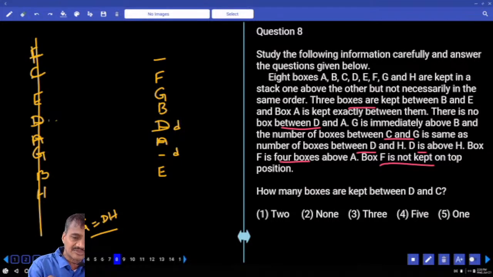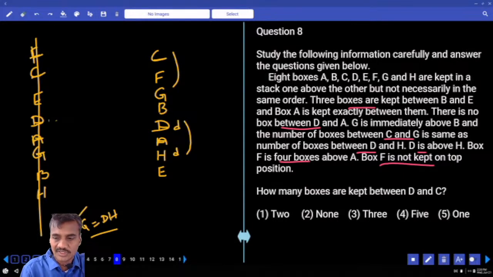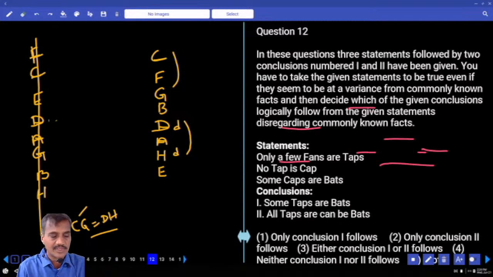Between D and H there must be exactly 1. Then C must be at this point. C and G, how many are there? There is 1. Now in between D and H also there is exactly 1. And this D is above this H. Clear? Now this is the final arrangement for question numbers 8 to 11. Then next one.